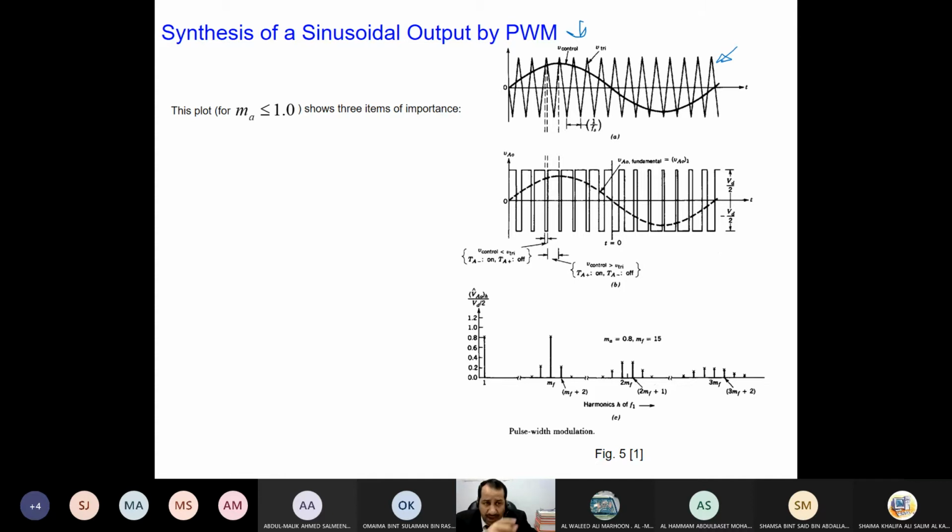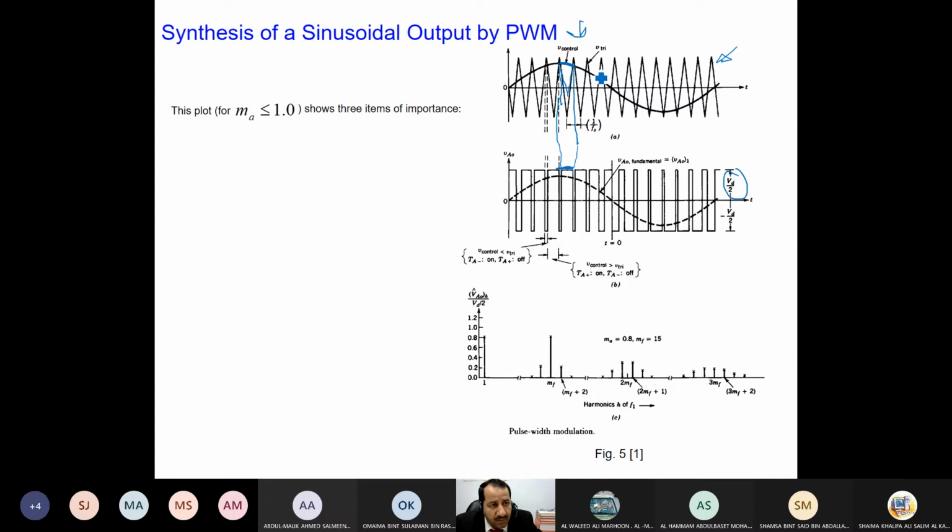If I want sinusoidal, I have to put sinusoidal. Now, let me take an example of the comparison. When V control here is greater than V triangle, in this period we have a positive pulse, VD over 2.